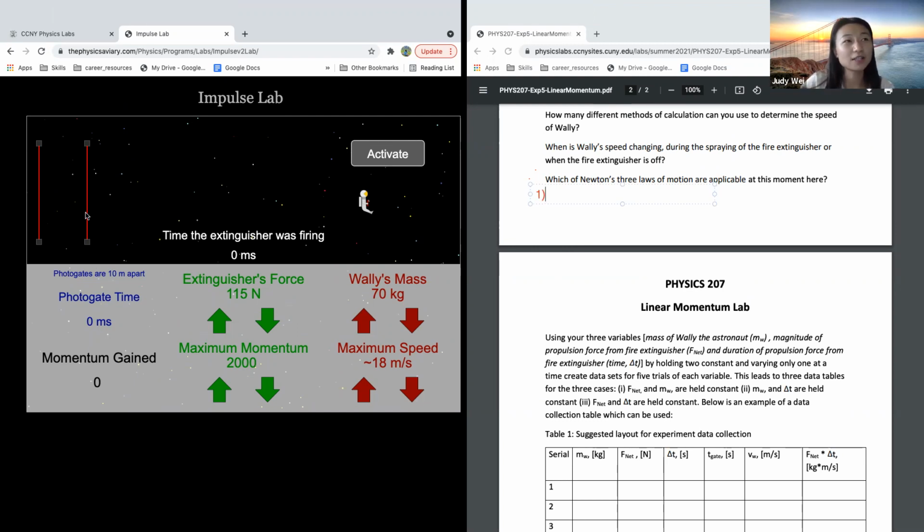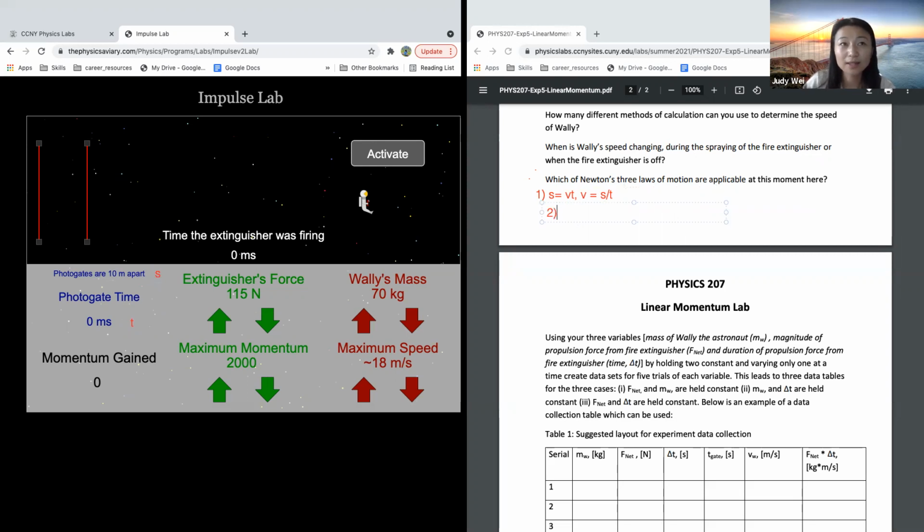Because the photo gates are 10 meters apart, and the photo gate times we can record, we can use S equal to vt, v equal to s over t. Here is s, here's t. We can use this to calculate Wally's speed.